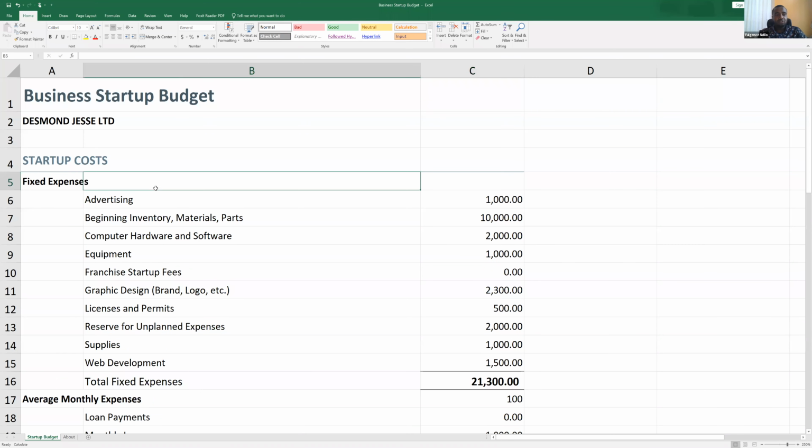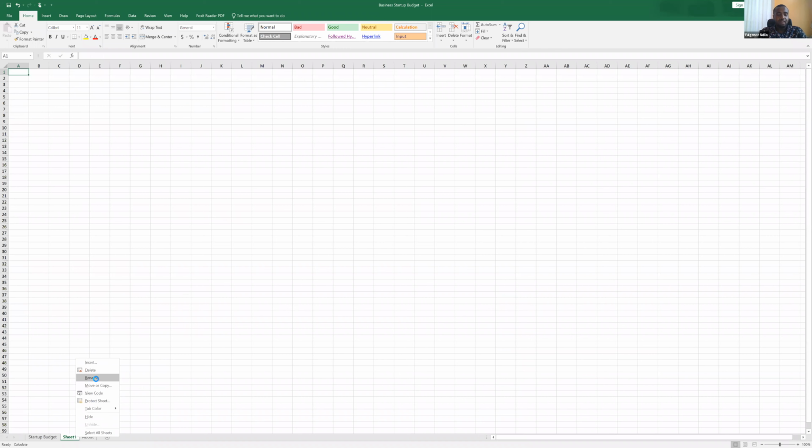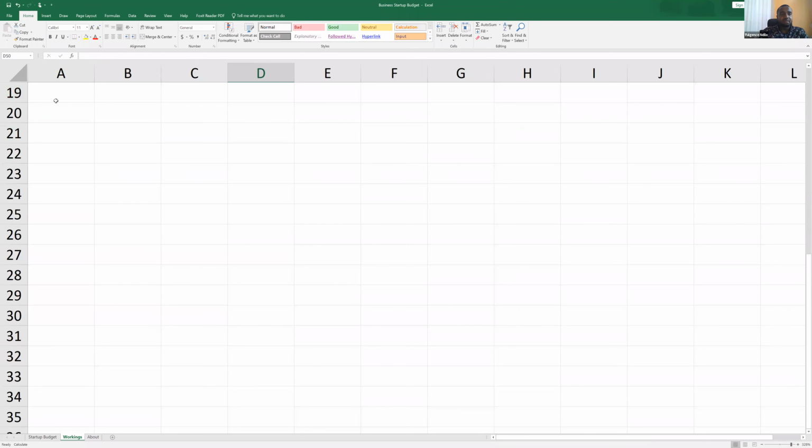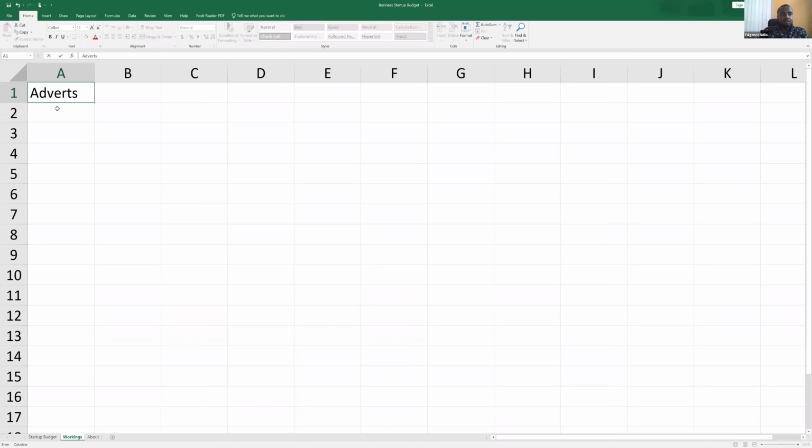You can open a new tab in case you have advertising. So maybe you can open a new tab and rename it workings. And under workings, remember the first item was advertisement. So adverts. Now you can split or give details of the figures of the advertisement.